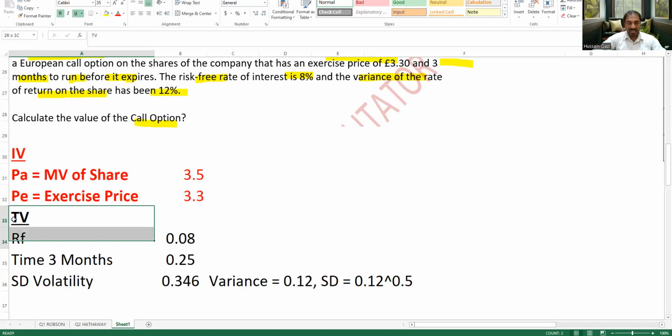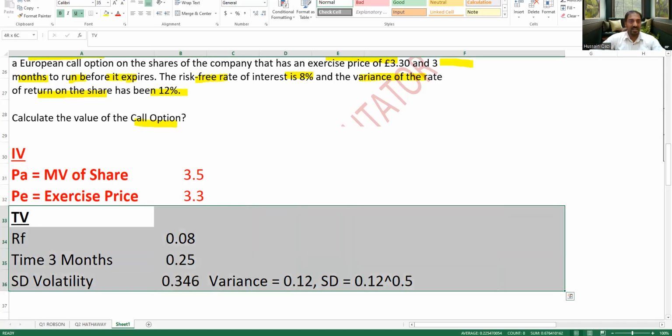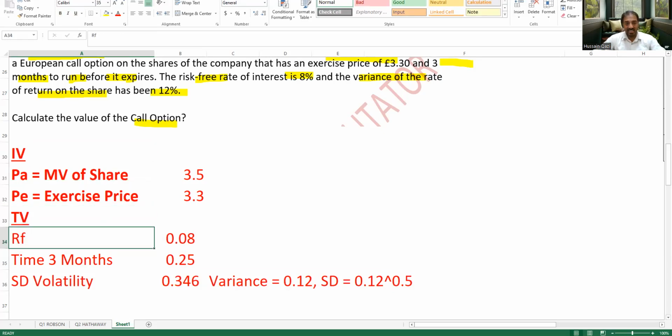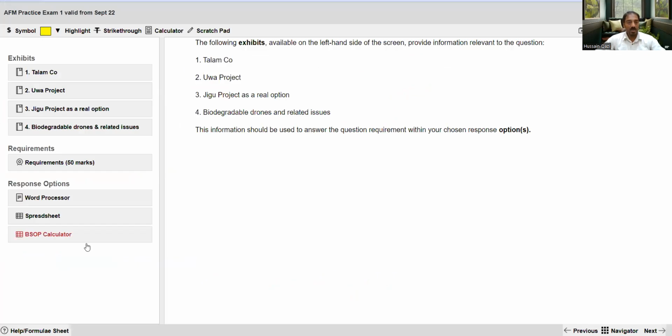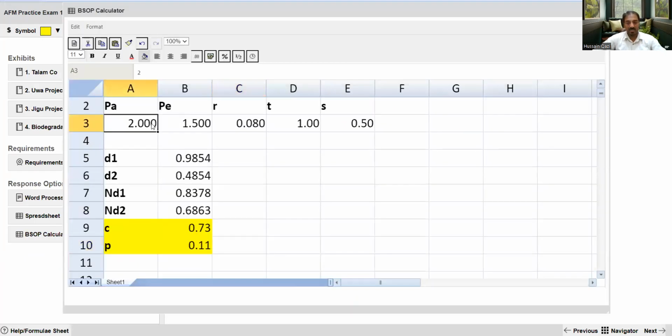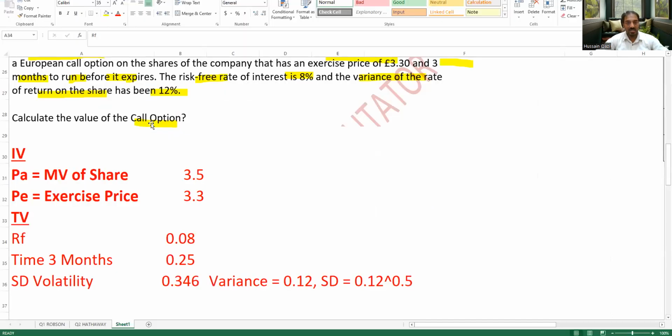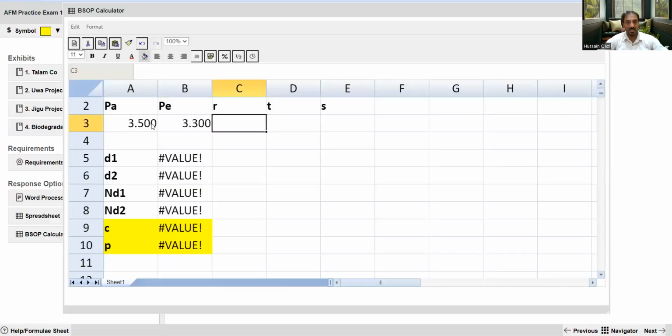So the important thing is that you have to identify these variables. Then plot each variable with its value. PA 3.5, simple. Then 3.3. R 0.08.